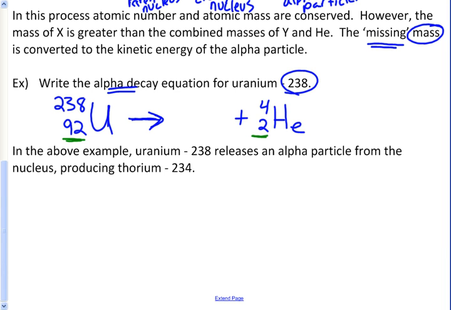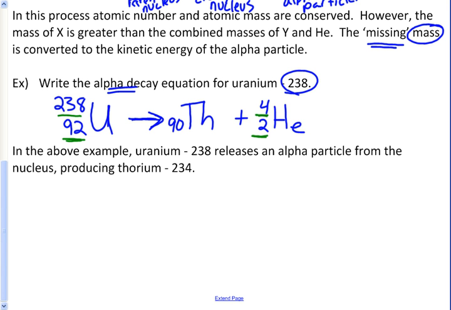So Brandon, can you help me out here? What is my element on the periodic table that has 2 protons less than uranium? Okay, thorium, which I think is TH, and 2 protons less than 92 would be 90. Now we also know that the atomic mass has, well, we started off with 238 particles within our nucleus, and we're losing 4 of them.